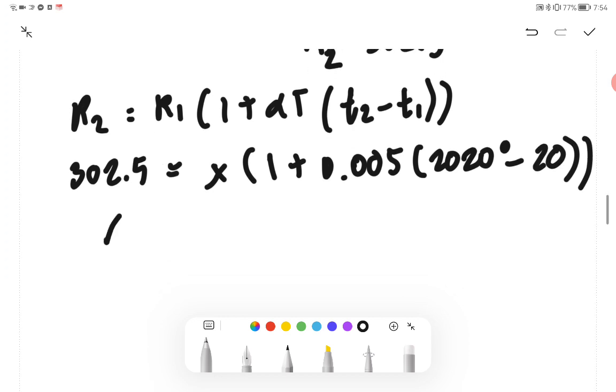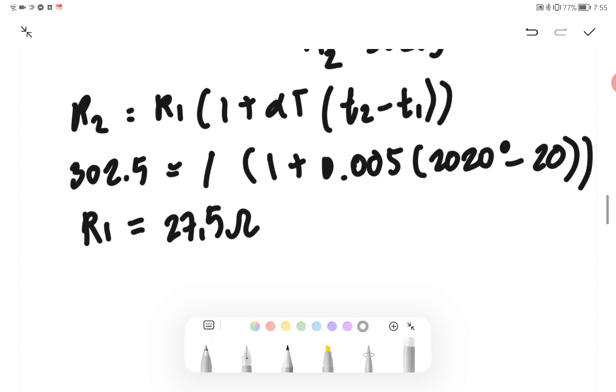So our X value would be 302.5 is equals to X plus 0.005 times 20 minus 20. So we will obtain the value of 27.5 ohms. That should be our R1. Okay? But in the calculator, we use X because there is no variable R1 there.